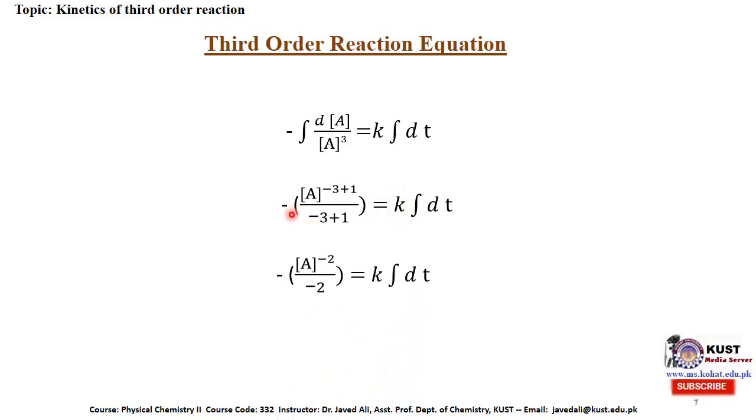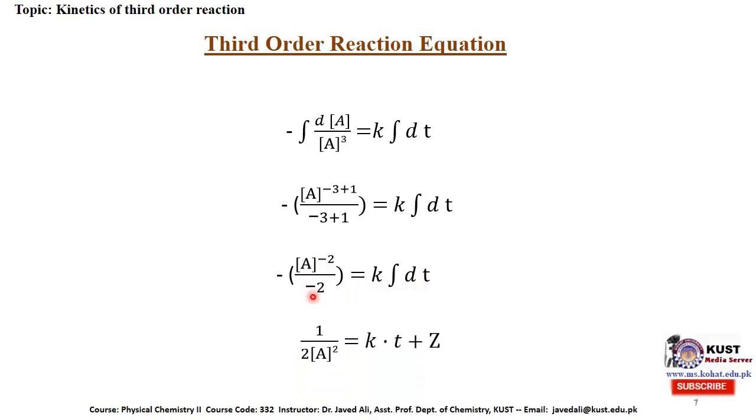So minus A power minus 3 plus 1 divided by minus 3 plus 1 is equal to minus A power minus 2 divided by minus 2, which is equal to K integration dt.